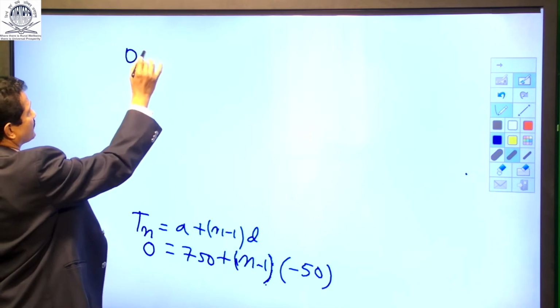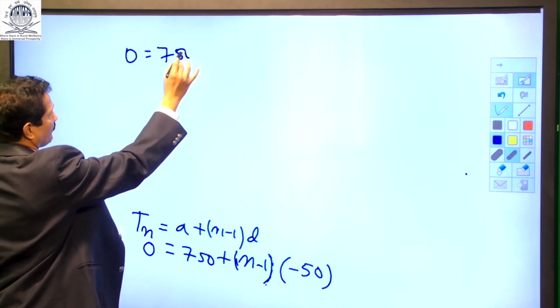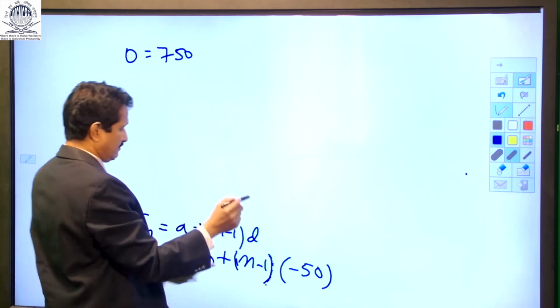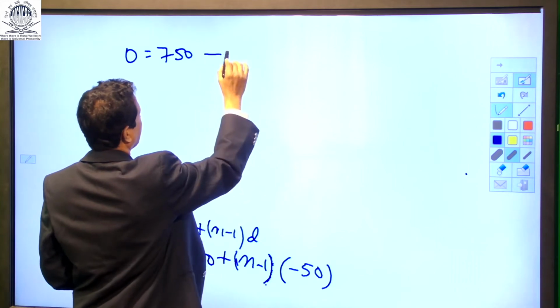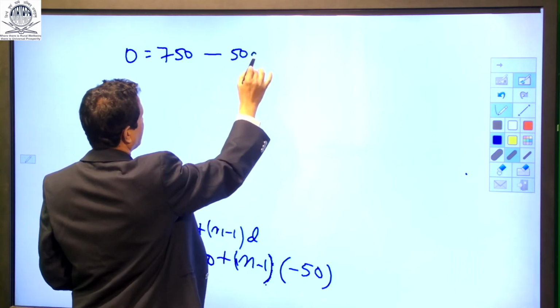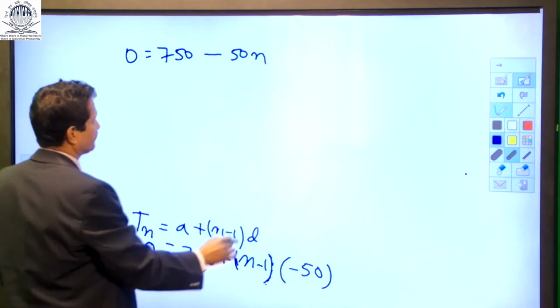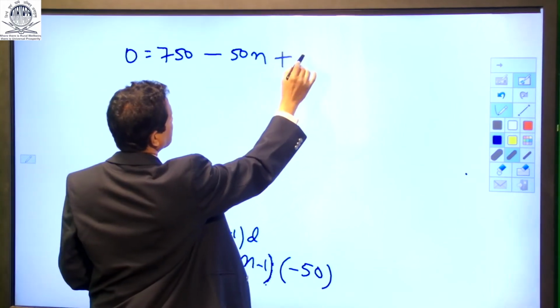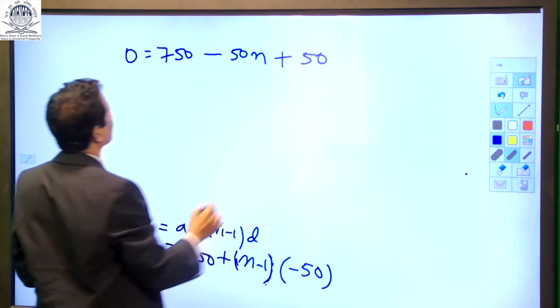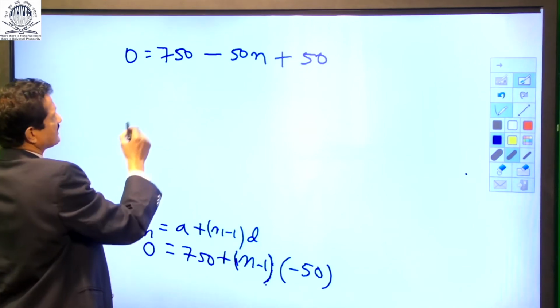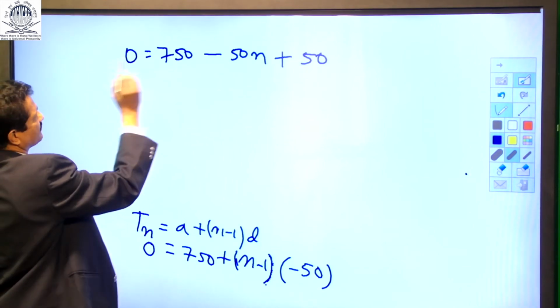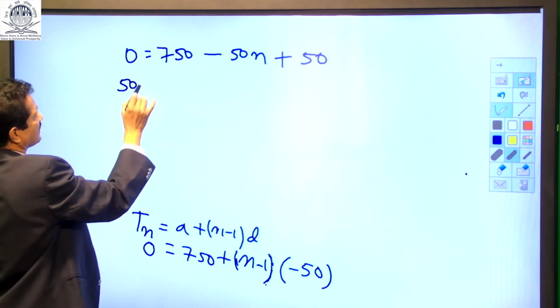Now let us calculate this. 0 is equal to 750 minus (n minus 1) times 50. Minus 50 into minus 1 is plus 50. So 50 plus 750 is 800. Bring the 50n to this side.